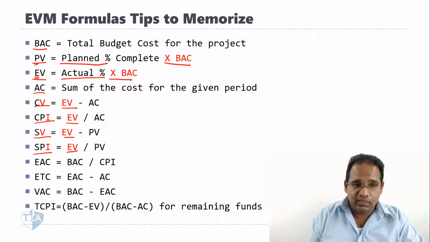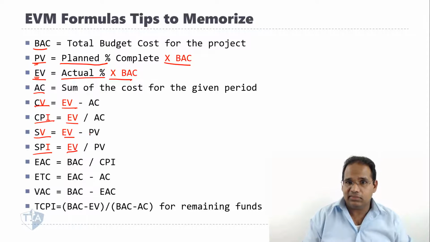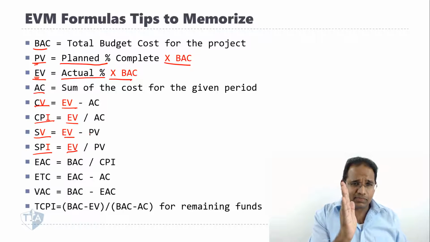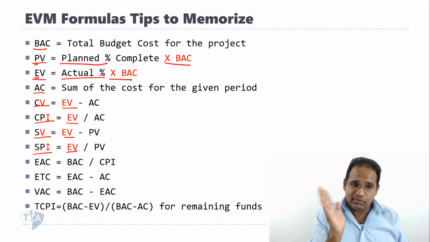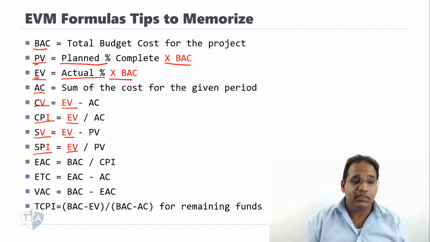Look, CV is EV minus, CPI is EV divided, SV is EV minus, SPI is EV divided. So anytime you have a V, it's a variance, subtracted. And every time you have an I, you divide it. So keep that in mind. I divide, V subtract, which means it's the variance.